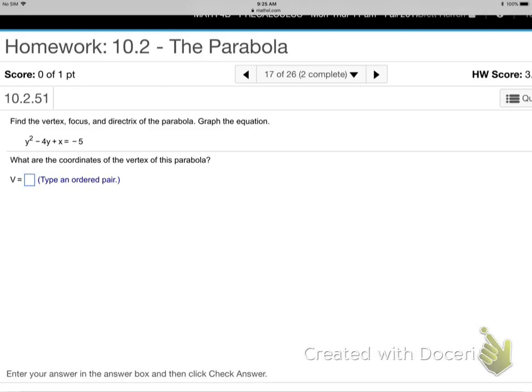So try that one. So y squared, move it over here. Minus 4y plus x is minus 5. What are we going to do with that x? Move it to the other side, right?